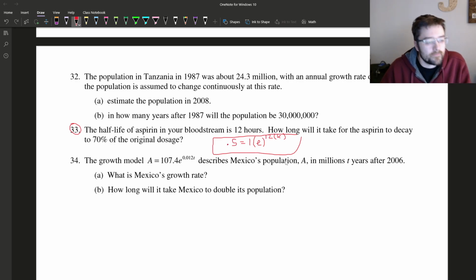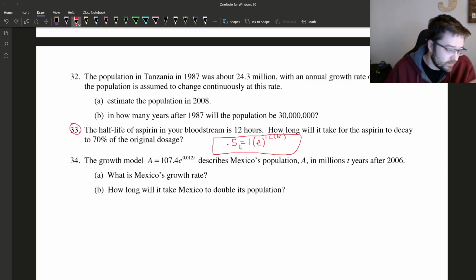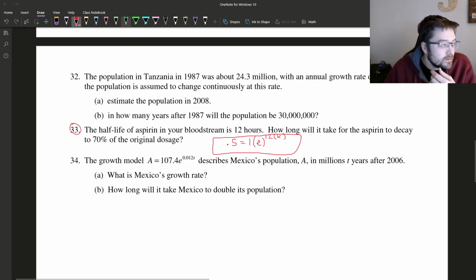But we'll know that we have half after 12 hours. Let's calculate our k. So we'll have to get our k from knowing that it takes 12 hours to get half. And so we'll use this k value after it's solved for.